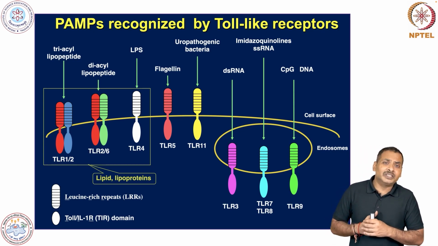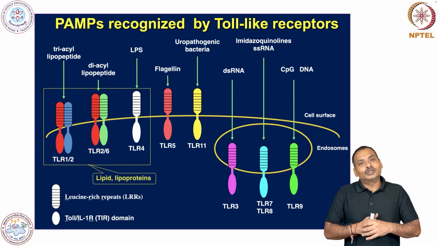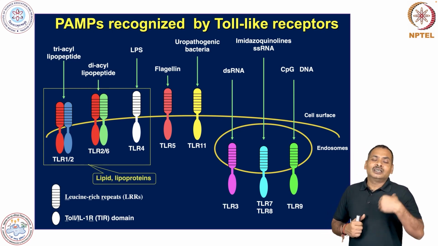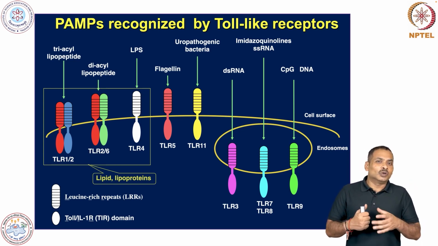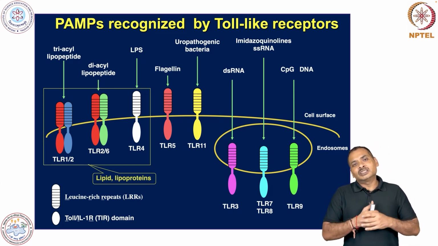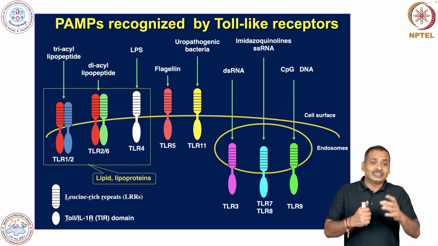can sense the LPS. And the sensing of LPS is not so simple, as you can understand from the previous session, where I talked about the work of Bruce Beutler. The TLR field was basically discovered through the discovery of TLR 4, and sensing of LPS is a little complicated.